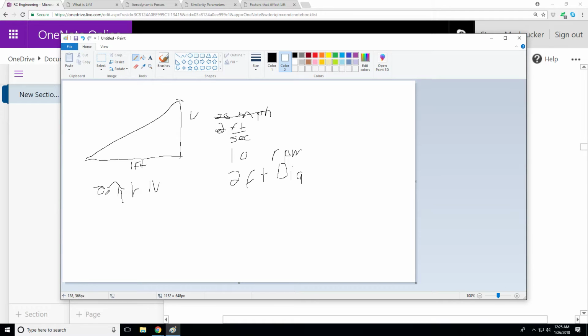So we have 2 pi r and then times rotation. 2 times r is diameter, so we could say 2 times pi, and pi is 3.14, so that's 6.28 times 10, so that's 62.8. So 62.8, and this is feet per minute.